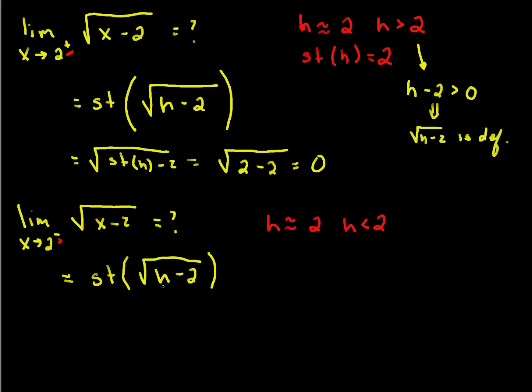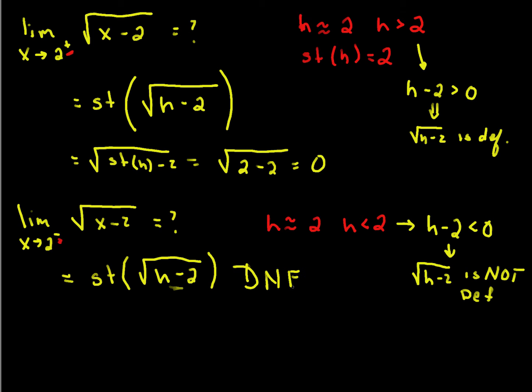But just like before, we've got to make sure that this is defined. If h is less than 2, then h minus 2 is less than 0, which tells me that the square root of h minus 2 is not defined. We can't take square roots of negative numbers, which means this standard part does not exist. And since the standard part doesn't exist, this left-hand limit does not exist.